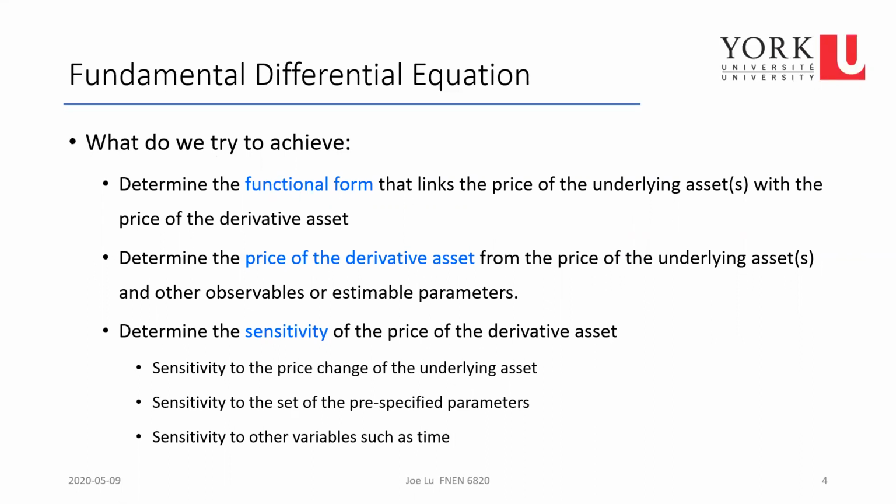So what are the other parameters? Those things are like interest rate, volatility, things like that. So once you have a functional form, you can then derive the price of the derivative asset, okay?